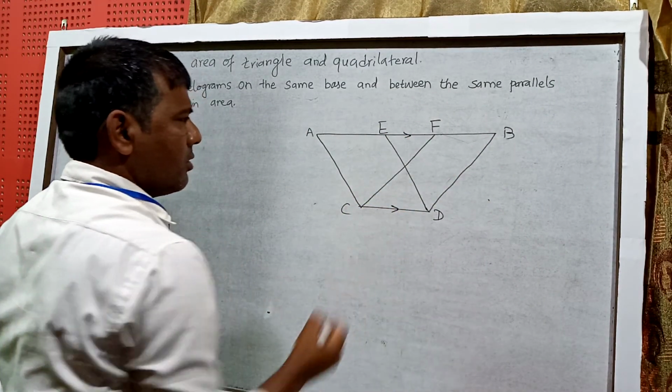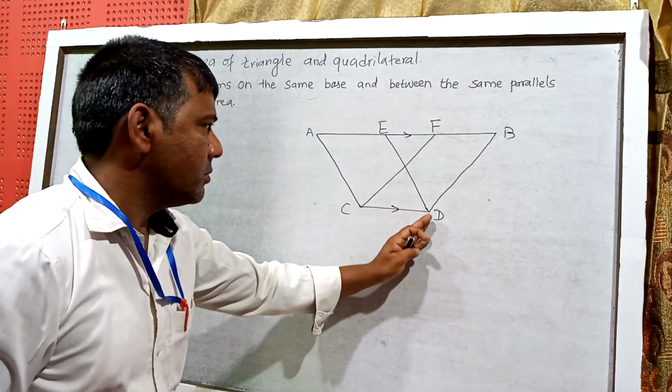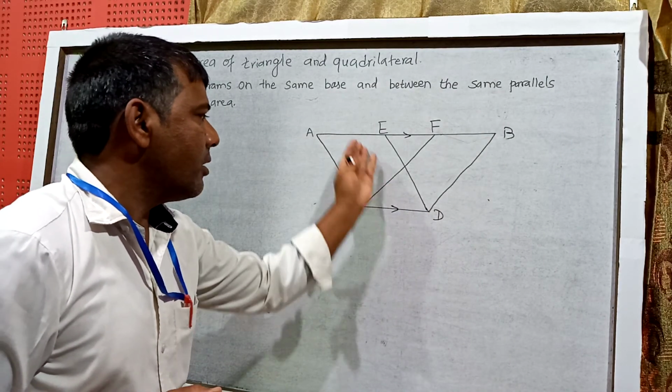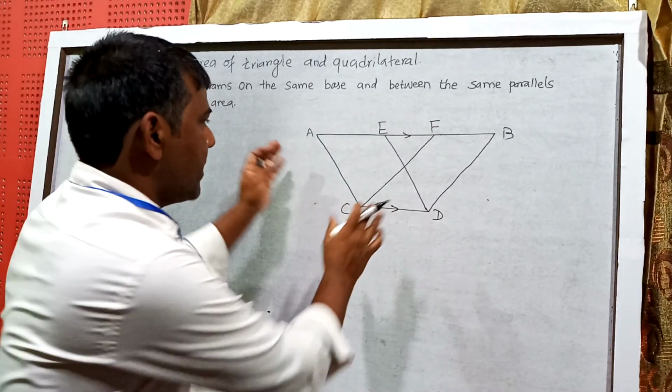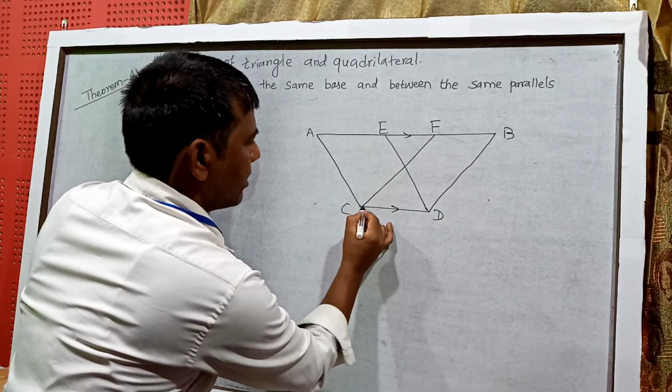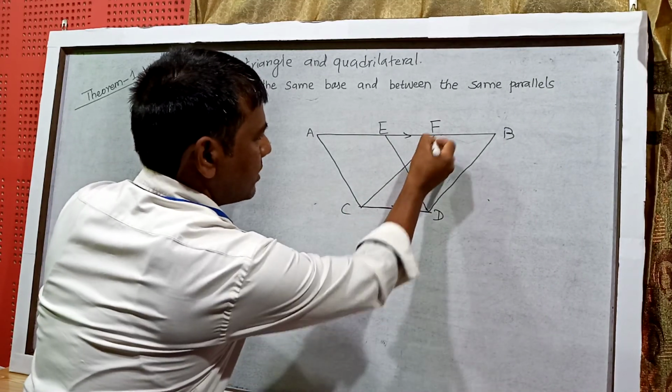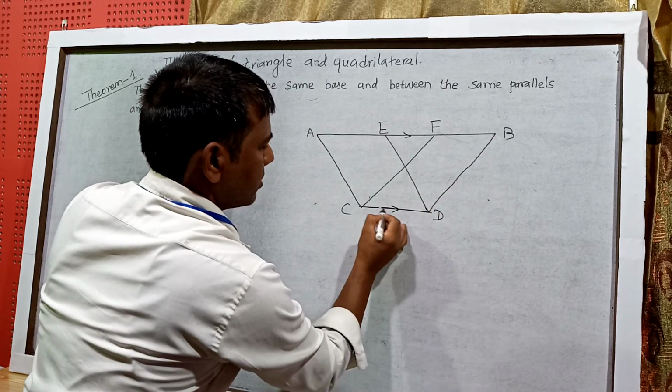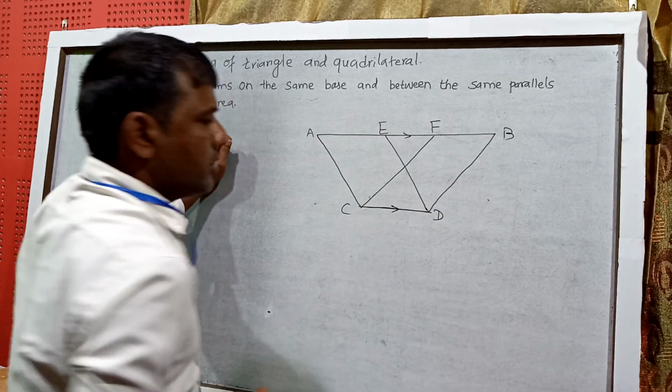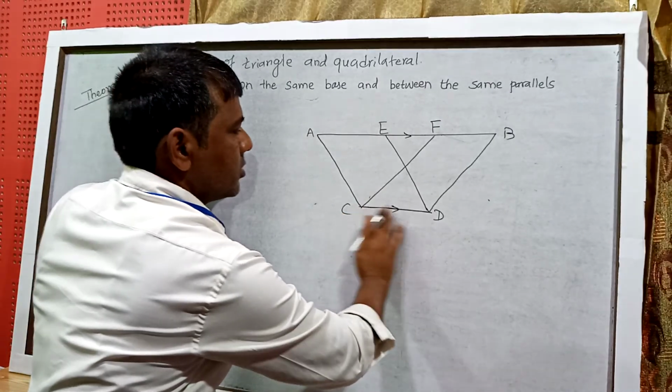These two parallelograms are standing on the same base. They are made on the same base CD. This parallelogram is standing on the base CD, and this parallelogram also stands on CD.